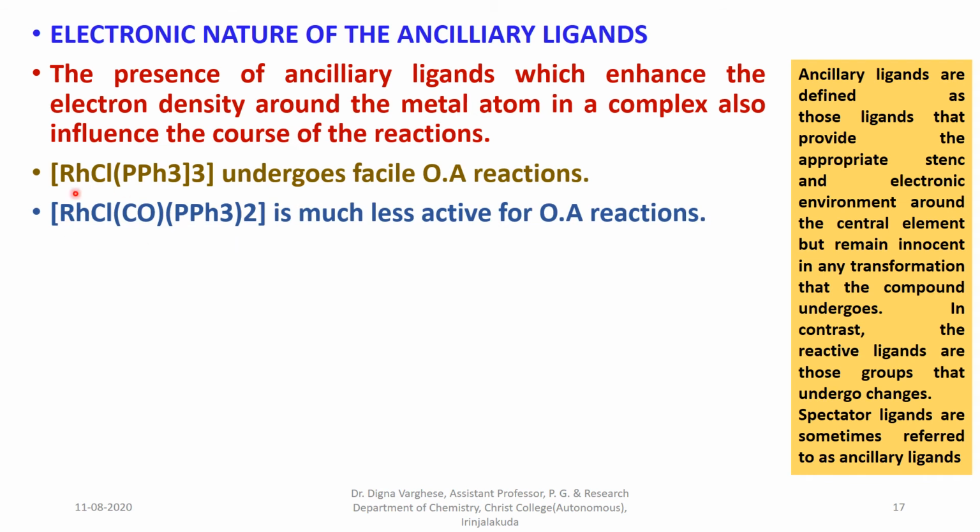Here the HRh(CO)(PPh3)2 is much less active for oxidative addition reaction. Here one of the triphenylphosphines is replaced by a CO ligand, which increases the electron density around the metal atom, and that is much less active for oxidative addition reactions.